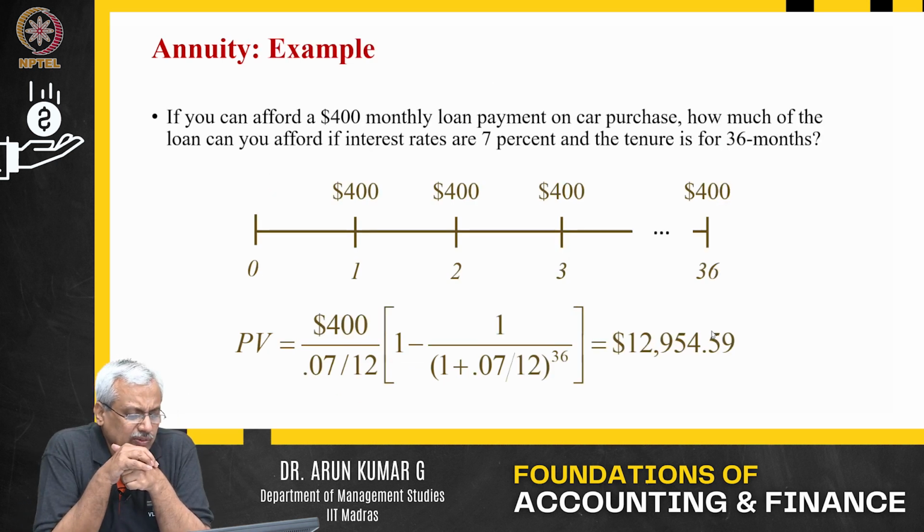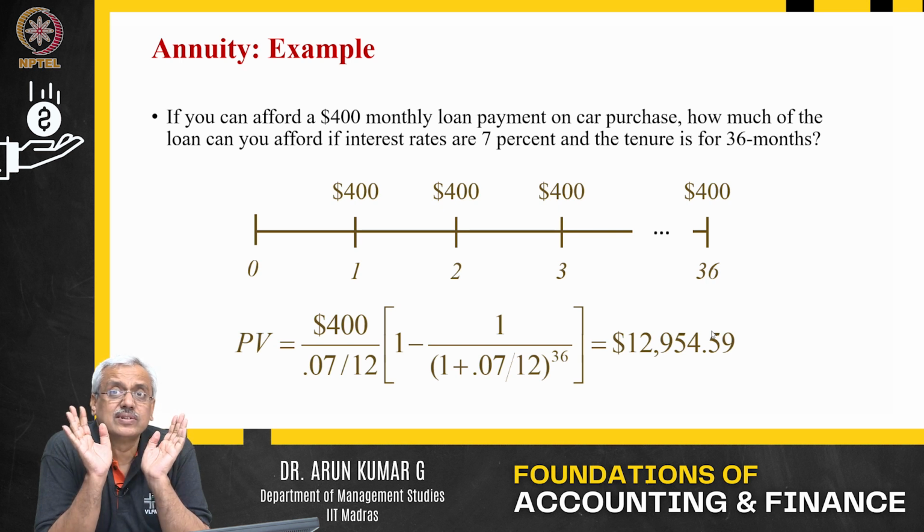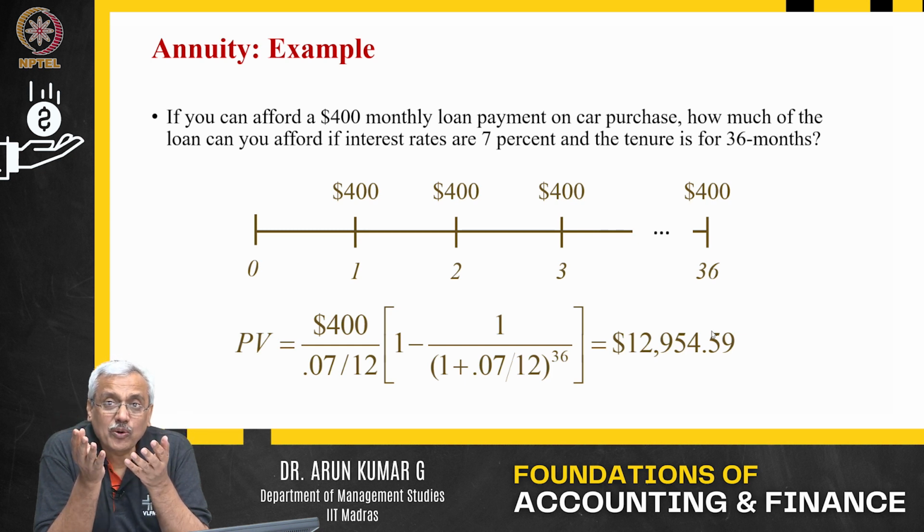If you can afford about $400 monthly loan payment, EMI, on a car purchase, how much of a loan can you afford if the interest rate is 7% and the tenure is 36 months? You can pay 400 every month maximum, the interest rate is 7%, and the timeline is 36 months, 3 years. How much can you borrow?